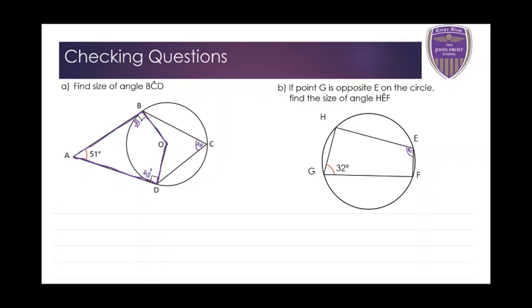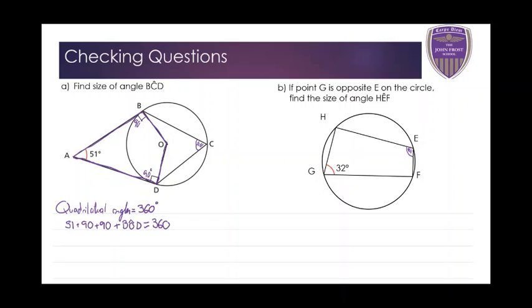And we should all know that the sum of the angles in a quadrilateral is equal to 360 degrees. So that must mean that 51, which is that angle there, plus 90, plus the angle between B and D, so we'll call that angle BOD, is equal to 360 degrees.